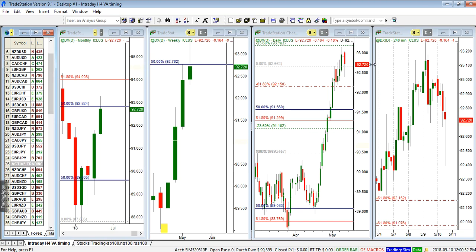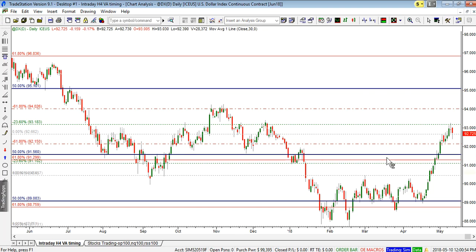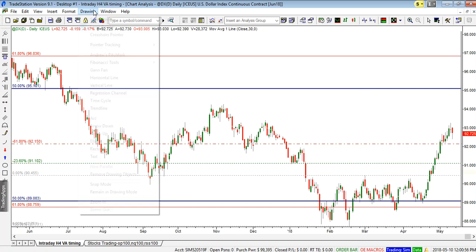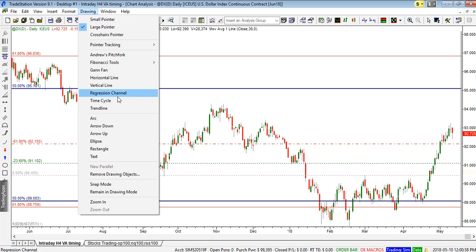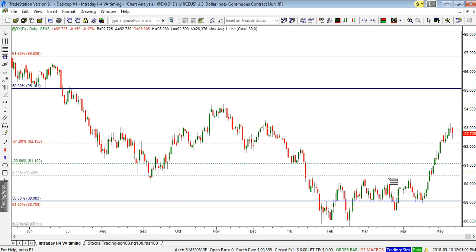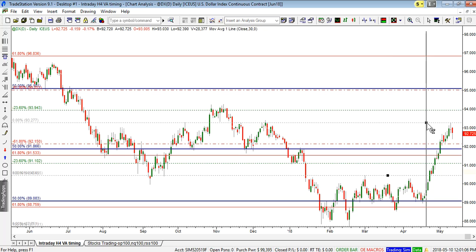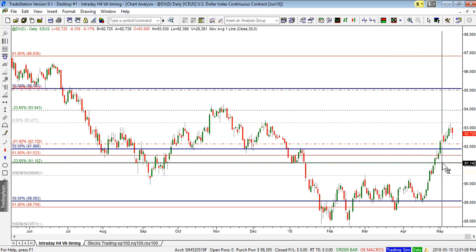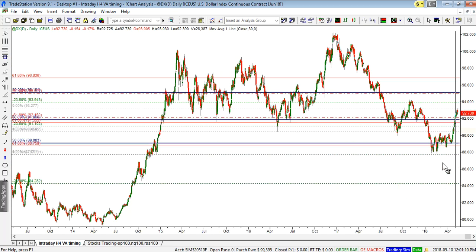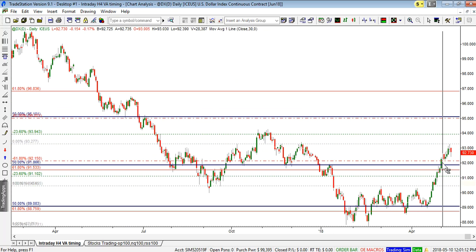If that happens, then we're going to look at two very close levels. The first one is going to be the extension long here from highs to lows. So that's what could be playing here if this market retraces a little bit more in depth.